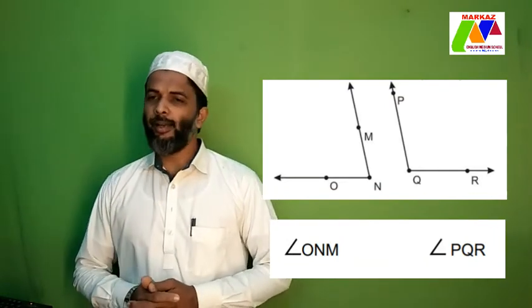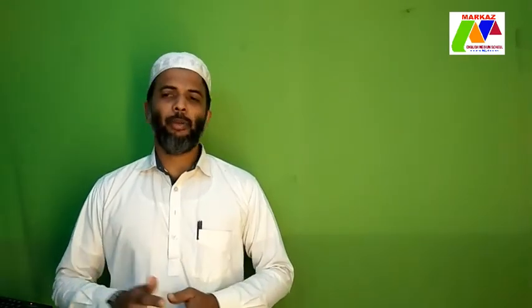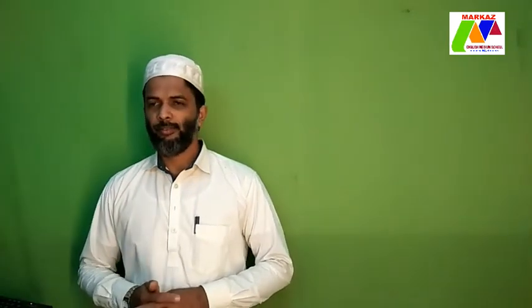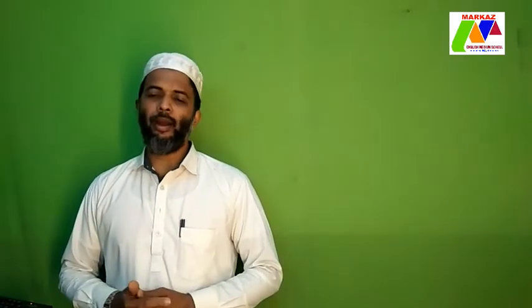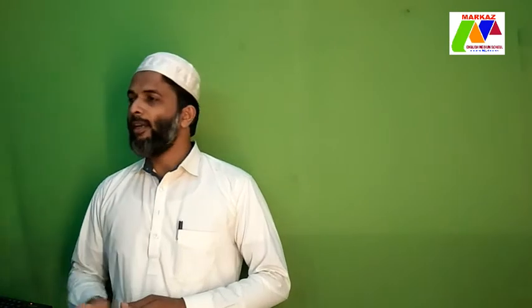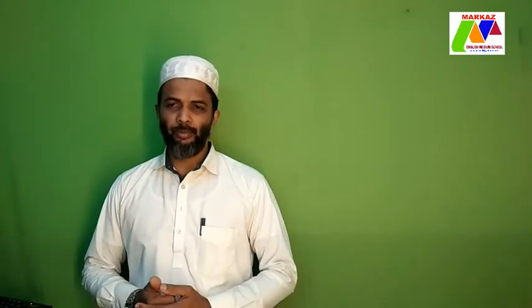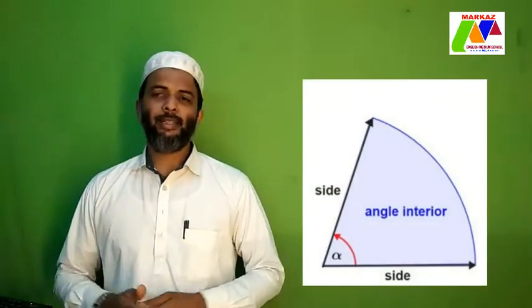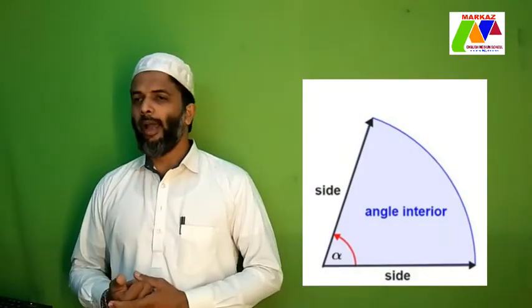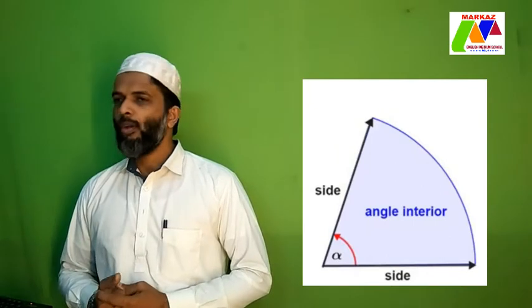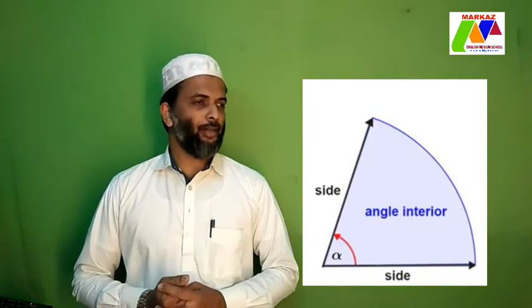Next, coming to parts of an angle. There are two portions in one angle, which are the interior portion and the exterior portion. Look at the figure. Inside the two rays or arms of the angle, we call the interior.